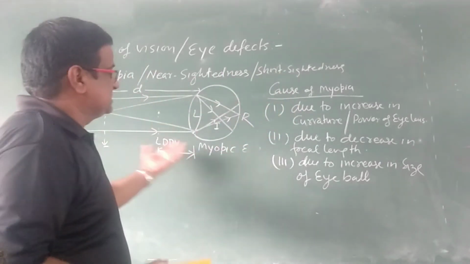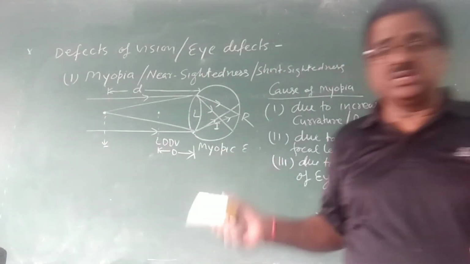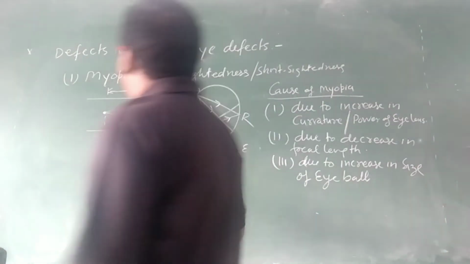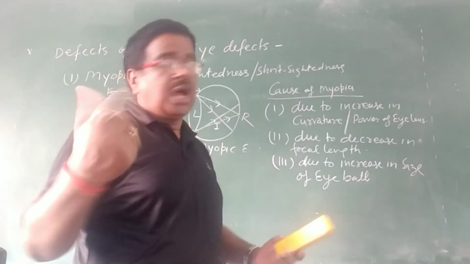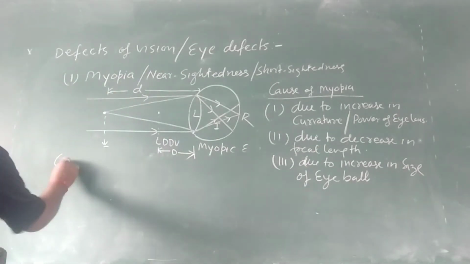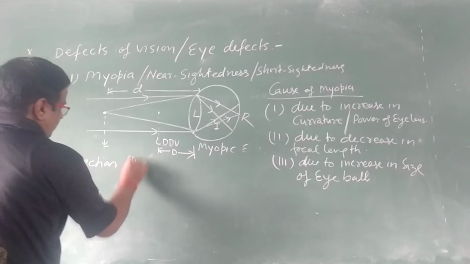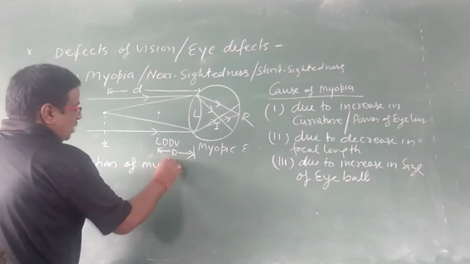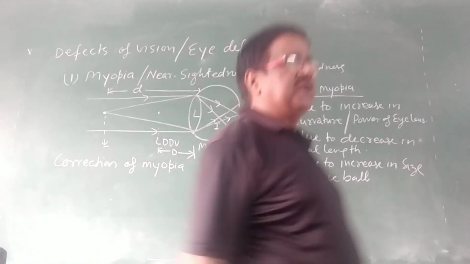So these are the 3 reasons due to which myopia can be caused. So how can we correct it? Correction of myopia. It cannot be rectified 100%.